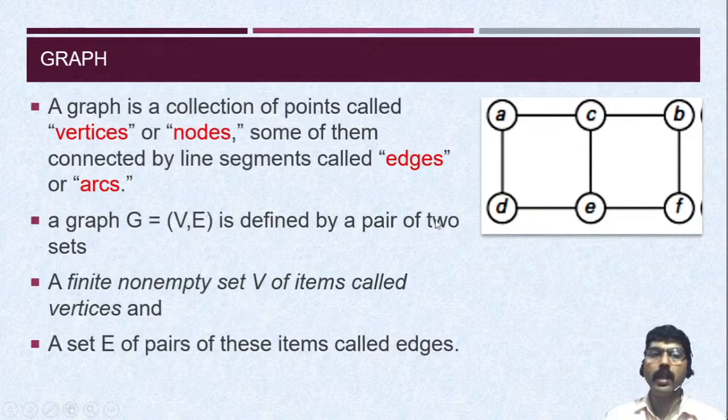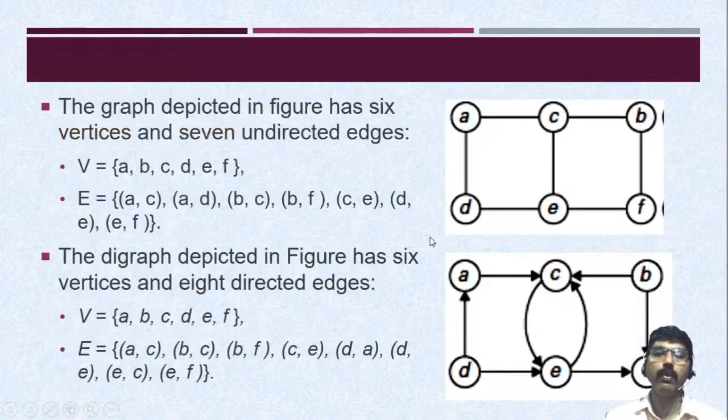Okay, next I will explain how it works. Now see here, there are two types of graphs. This graph is called an undirected graph, and this graph is called a directed graph. In the undirected graph, the vertices are A, B, C, D, E, F, whereas an edge can be represented as AC as well as CA.